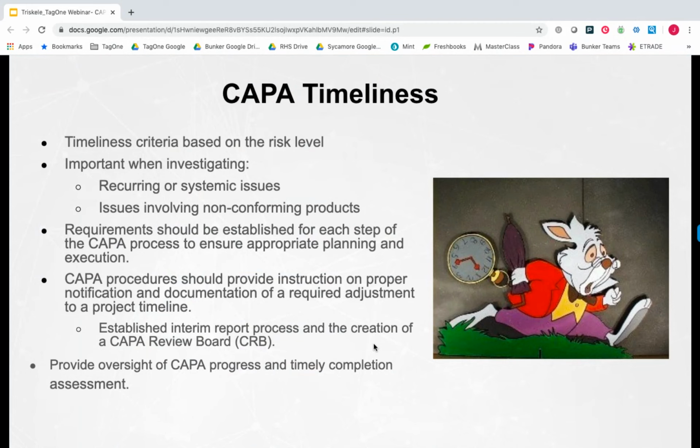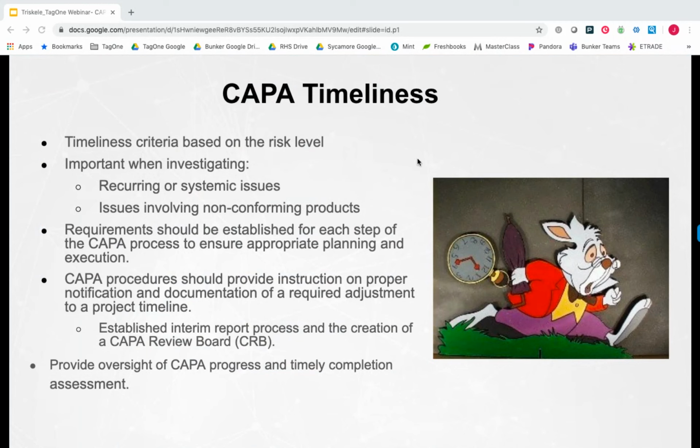So I included CAPA timeliness in this presentation. Again, I've been doing what I'm doing for a really long time. This is another hot button with regulators: when they ask for that list of open CAPAs, they're looking at what your oldest open CAPA is, and what that issue is all about.